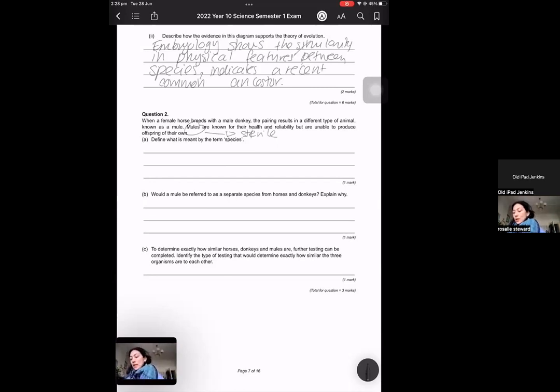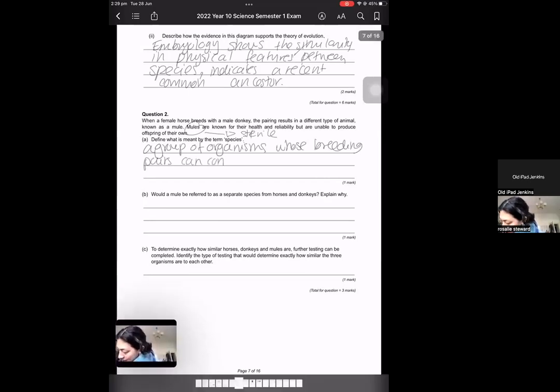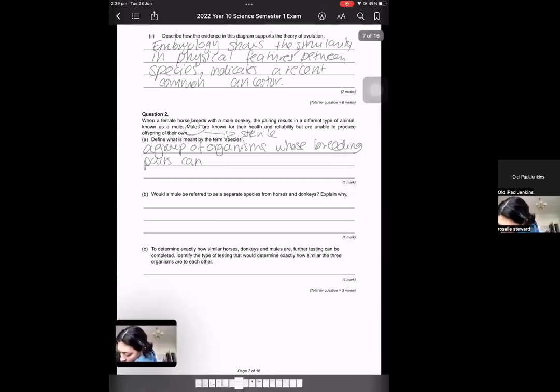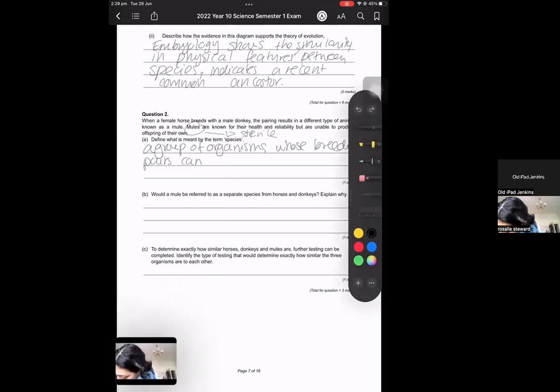Okay, let's be really specific about this. A species is a group of organisms, and I'm going to talk a bit about this, whose breeding pairs can, not even consistently, can produce fertile offspring.